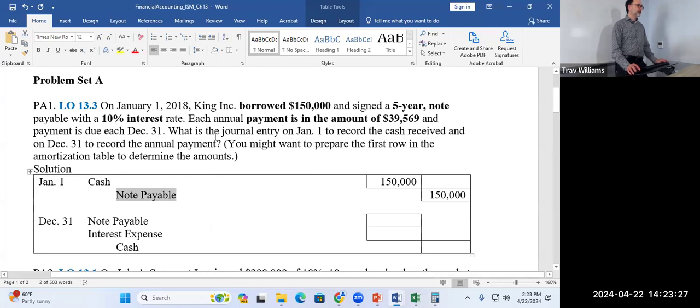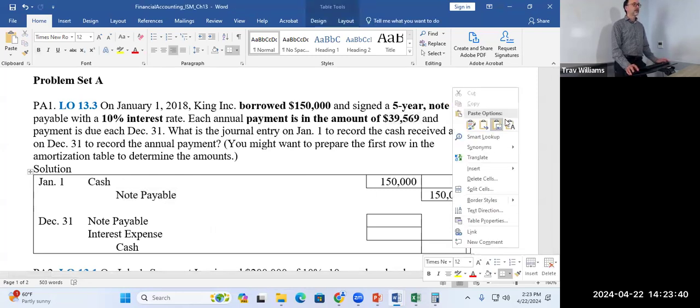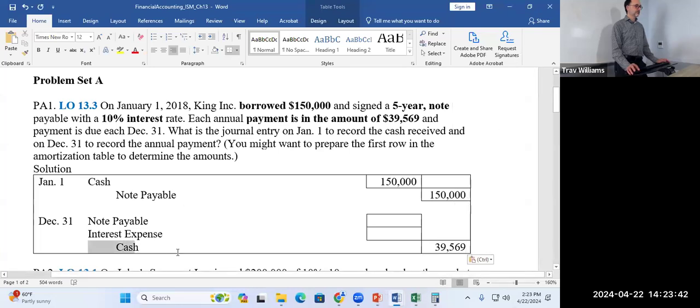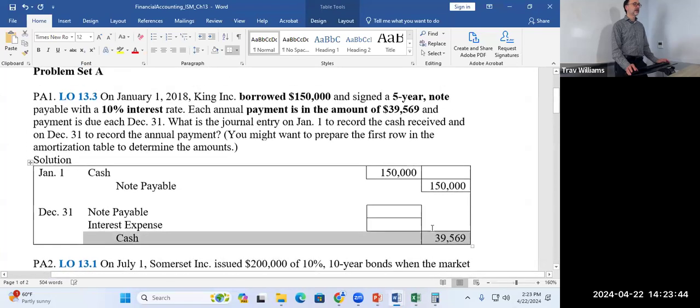Now they're asking us for the very first payment. When the company makes their payment of $39,569 at the end of the first year. Since they're paying cash, it's a credit to cash. We have to figure out how much of that first payment went towards interest and how much went towards principal.